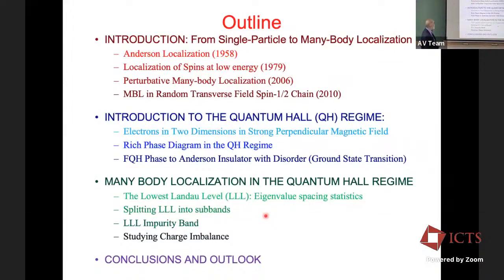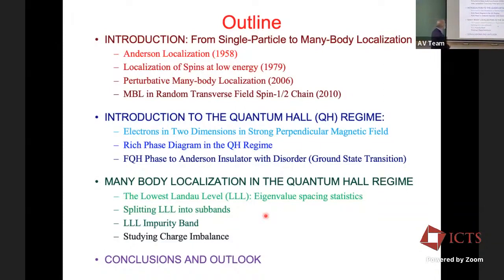I will start again with Anderson localization, which is localization of single electrons or single particles with no interactions, then localization of spins at low energy, which was done some 20 years later. Then one big breakthrough came in 2005, 2006, when the concept of many body localization was introduced in a perturbative way by Basko, Aleiner, and Altshuler.